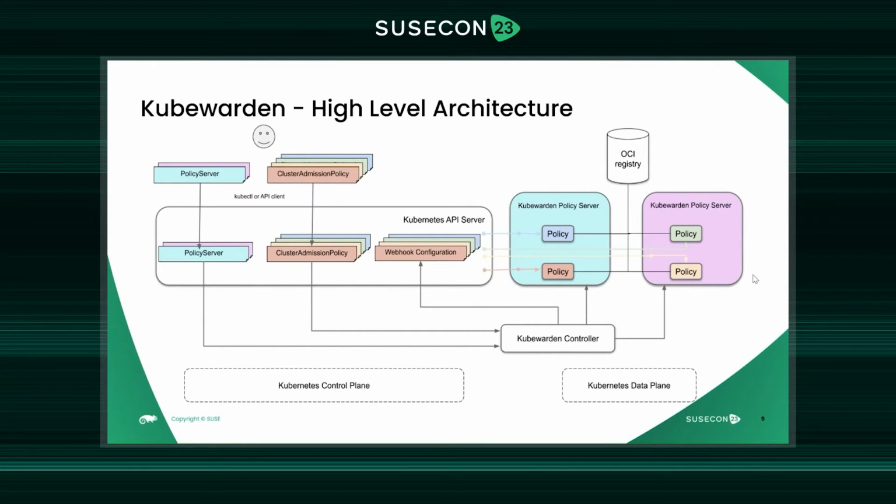This controller monitors the cluster admission policy resources and interacts with the policy server component. That's the basic thing a Kubernetes controller does. So you have one single controller, but you can have multiple policy servers and multiple cluster admission policies as well.